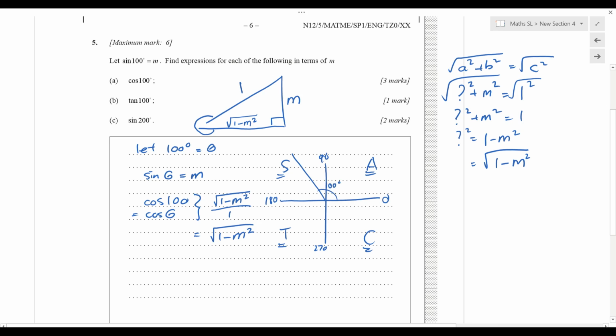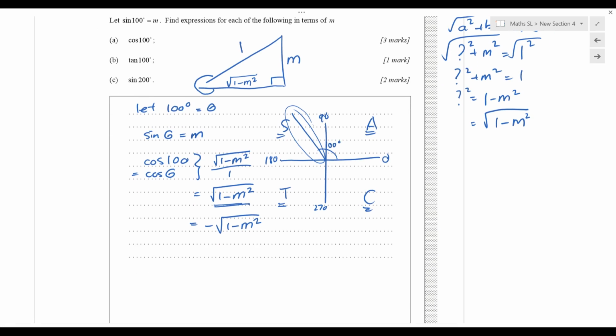And in this quadrant, only sine is positive. What that means is that cosine and tangent would both be negative. So our answer here is not complete yet. We have to add a negative to this, because cosine at this point is negative. So always keep that in mind.